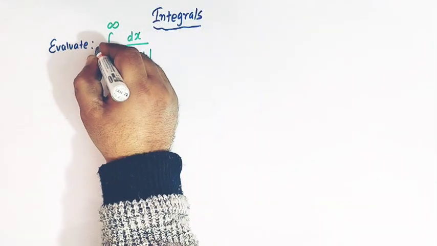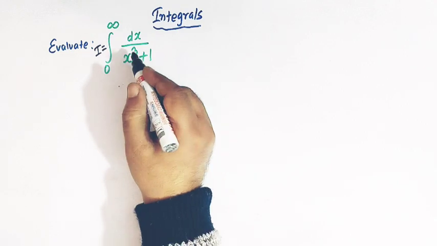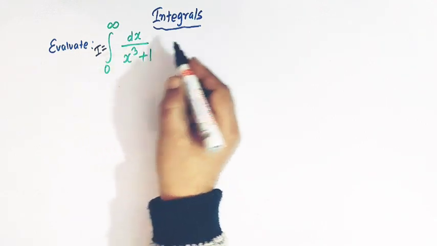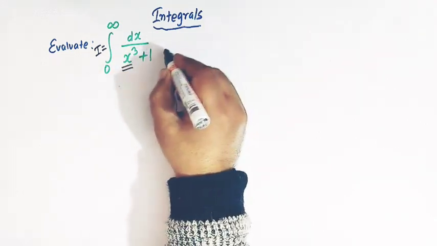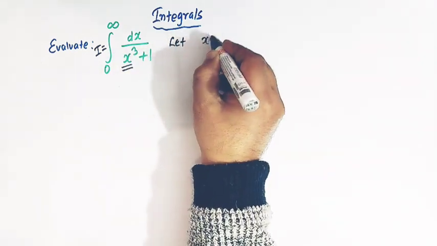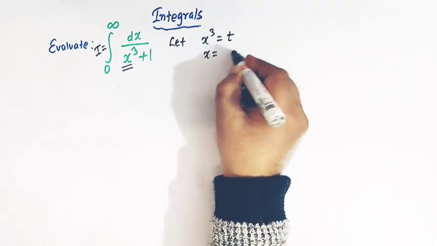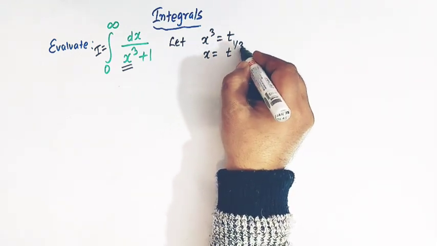So let us take this integral as I, right? So again we'll take help of the method of substitution. So here we'll make this substitution, that is let x cube is equal to t, right? So x can be written as t raised to 1 by 3.